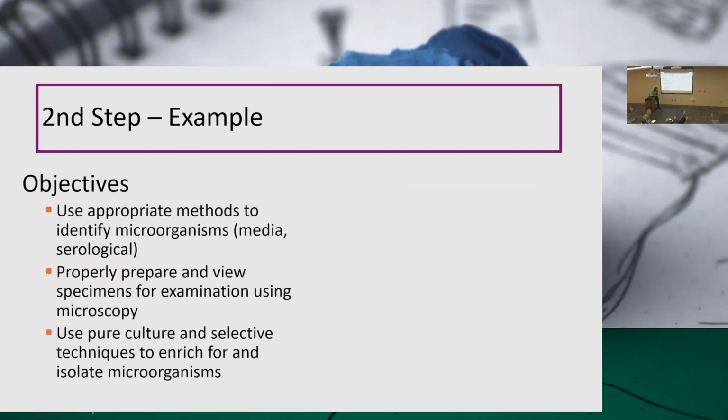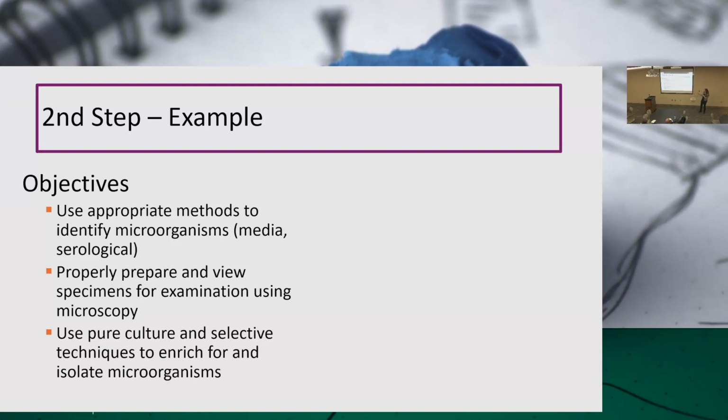So another way that we did this was getting a list of our objectives. These are from the ASM guidelines, and then meshing that into a diversity of activities. So we're not really looking at microbiology in sections anymore. First we do gram stain, then we do streaking, then we do different types of carbohydrate media, then we do different types of protein media. We wanted to incorporate all of those things as it made sense into the different challenges.